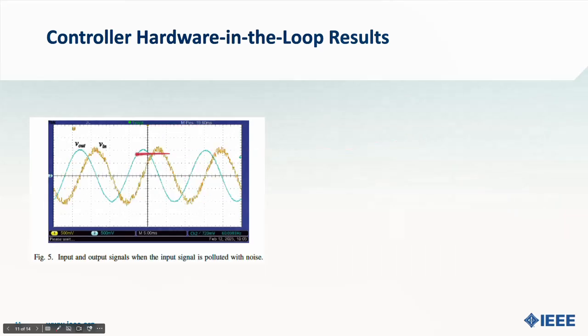Another result here is when the input signal has noise. You can see that the derivative is properly computed and not amplifying this noise. This is a common scenario in which you have a capacitor voltage polluted with noise and you need to compute its derivative function. We can see here that the result is quite clean.